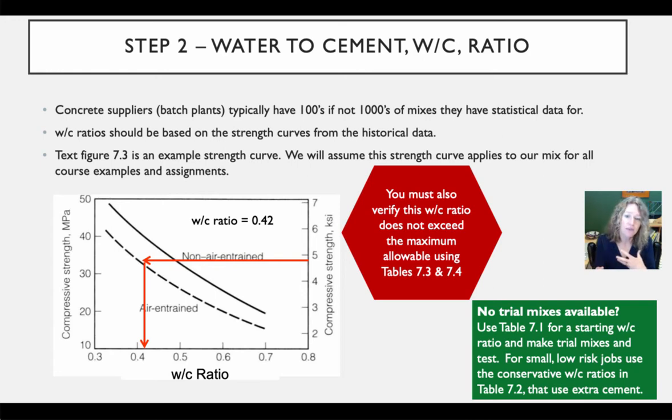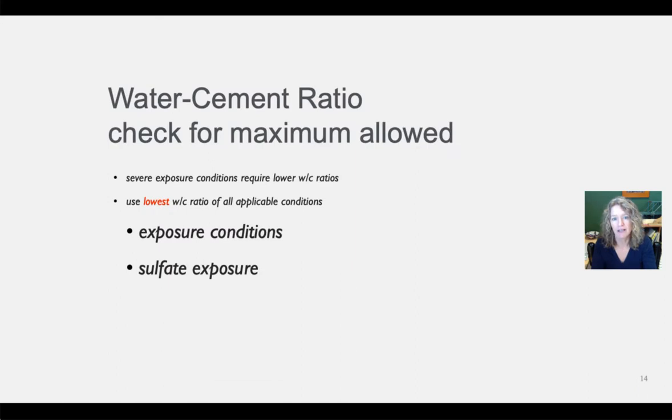Now, if you have a really small job that you're doing, say you're just pouring a driveway and it doesn't have to be critically strong, then you can jump into table 7.2 and use the water to cement ratios in that table. It, again, is just more conservative. But since we have our historical curve, we can now look at table 7.3 and 7.4 to make sure that we're meeting the minimum water to cement ratio values in those.